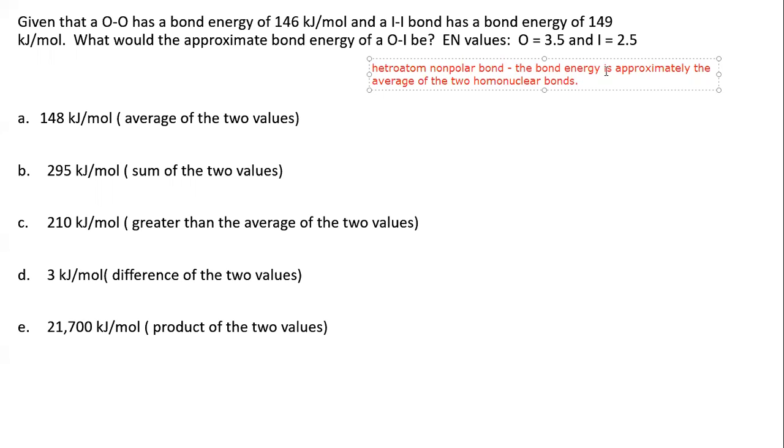So for example, we all know that the carbon-hydrogen bond is a very classic nonpolar bond. So if you take the carbon-carbon single bond and the hydrogen-hydrogen single bond energies, add them together, and take the average, that would give you an approximation of what the carbon-hydrogen bond energy would be. So that's what we mean when we have a heteroatom nonpolar bond: the bond energy is approximately the average of the two homonuclear bonds. Because it's nonpolar, the electrons are shared equally.